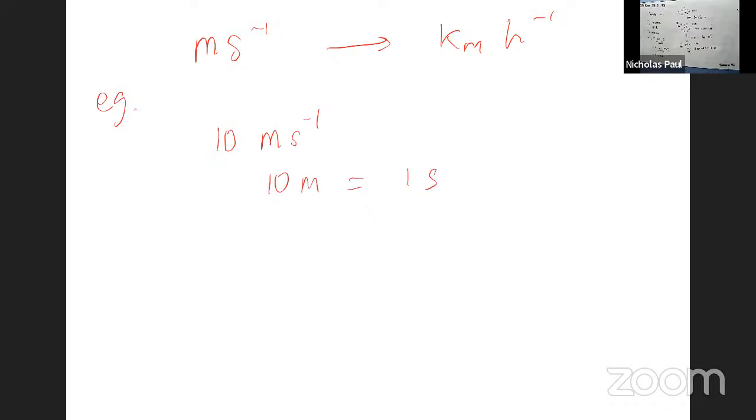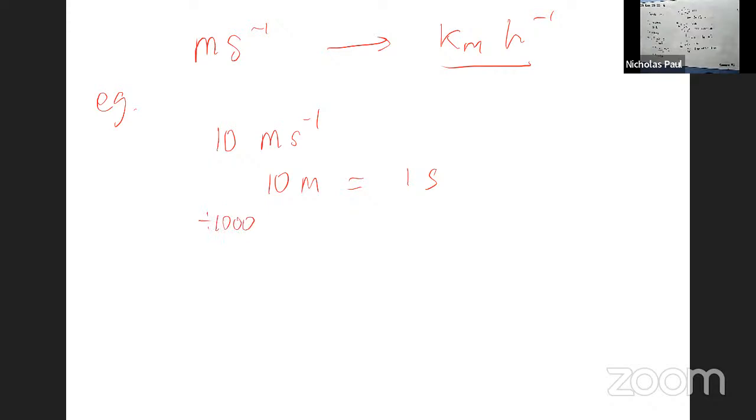So if I ask you now how many kilometers you will cover in 1 hour, we have a few ways that we can do it. First thing we can do, convert the meters to kilometers. How do you do that? Divide by 1,000.